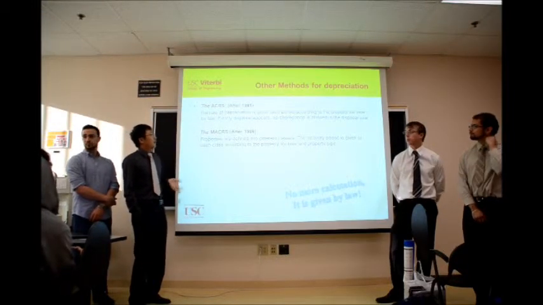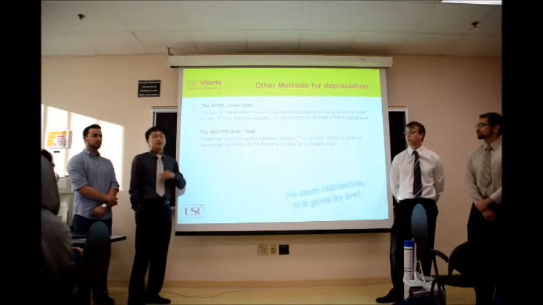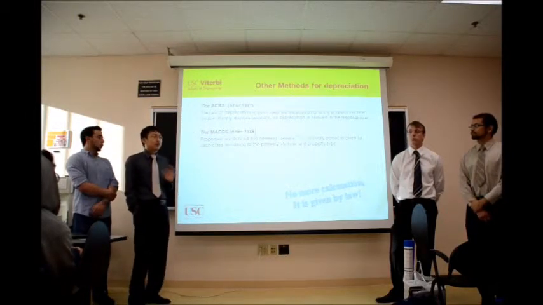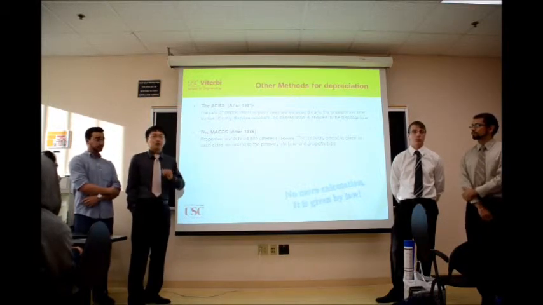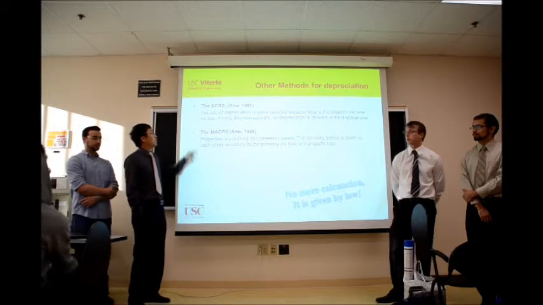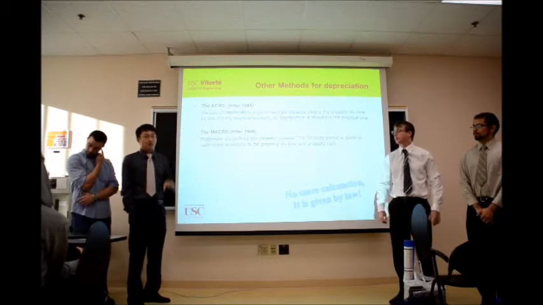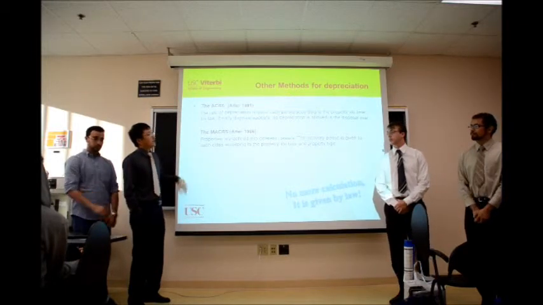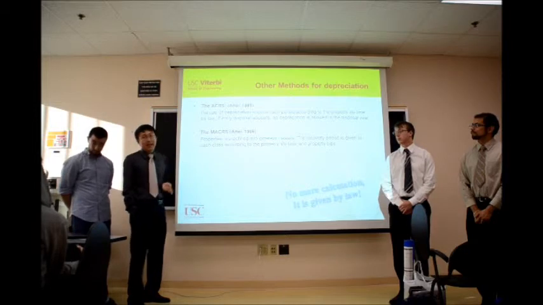In these two methods, since the tax code is becoming more complicated, it's impossible for us to use such a simple formula to calculate the depreciation happening each year. So the rate of depreciation in both of these two methods is offered by the government based on different kinds of property lifetime and property type.